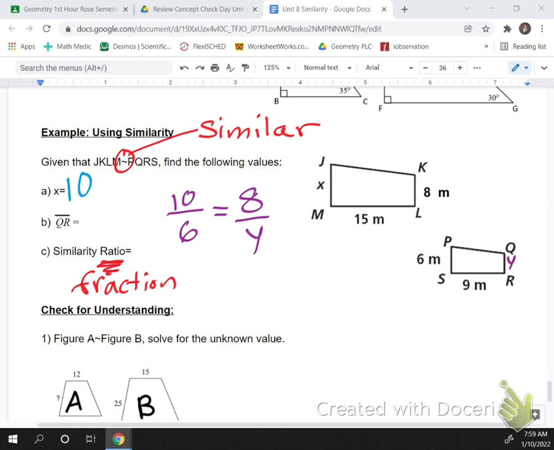You could also set up this proportion too. Go ahead and solve one of those right now. What do we get for Y? It will be a decimal. That's okay. Solve that right now. Go.